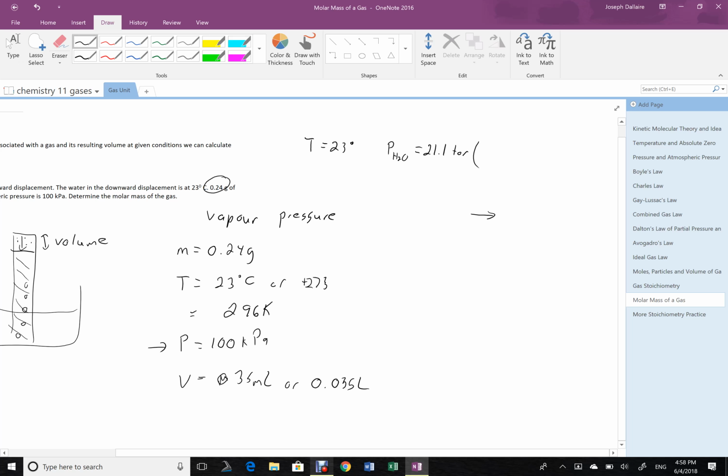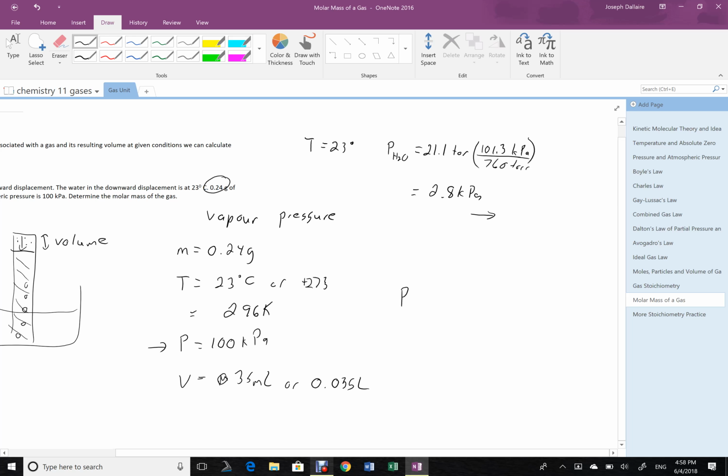Keeping in mind that for every atmosphere of pressure, 101.3 kilopascals, we're talking about 760 torr. So if I want to convert that, 21.1 times 101.3 divided by 760, I would get that it is 2.8 kilopascals of vapor pressure.